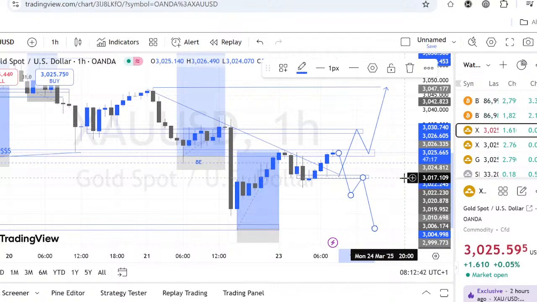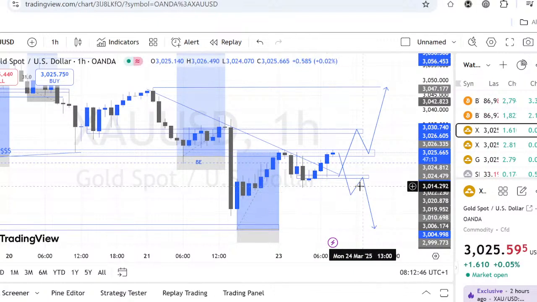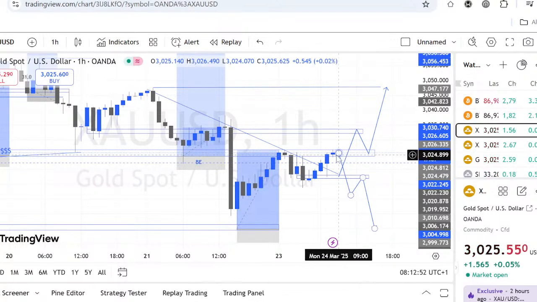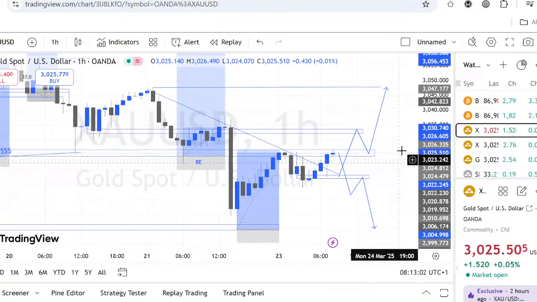So this is what we're just looking at. Of course, market is reactive and not predictive. So I'm just waiting for this breakout here, and then it clears the retest and we continue, or it respects this double top here and then comes back down. So that's the two things we are looking at now.